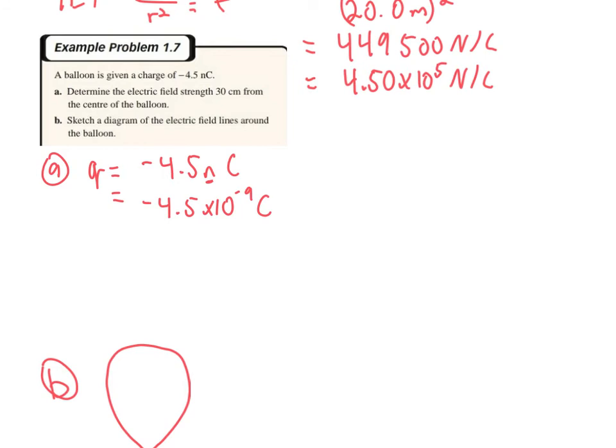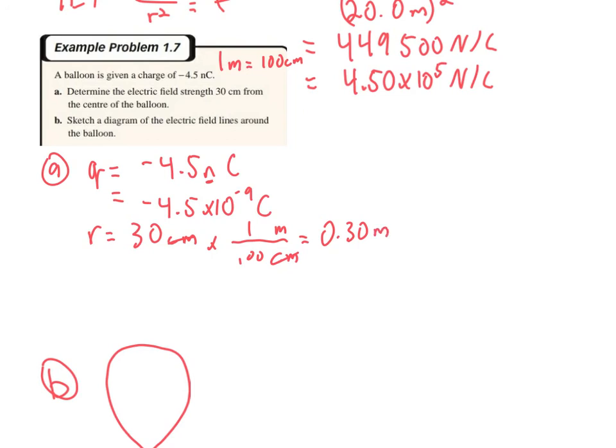And then the next thing we have is R, which is equal to 30 centimeters. Well, once again, that needs to be in meters. So we know that 1 meter is equal to 100 centimeters. And so we are going to times this by meters on the top and centimeters on the bottom, so those cancel out. And so we're essentially dividing by 100 here, which is going to equal 0.30 meters.